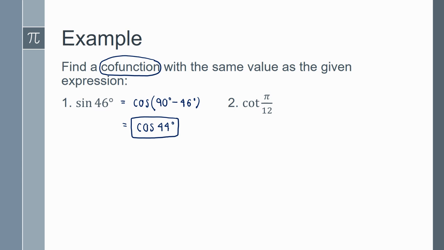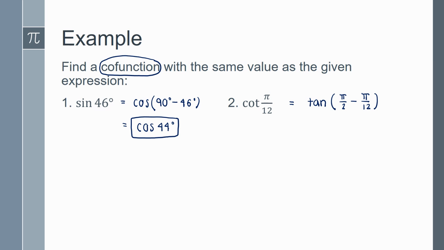So let's look at another example, this time in radians. We're dealing with cotangent, so when we're talking cofunctions, tangent relates to that. But remember, pi over 12 is not the angle that I want. I want the complement. I can replace 90 with pi over 2 for radians, and I want to take pi over 2 minus the angle that is given, which is pi over 12.